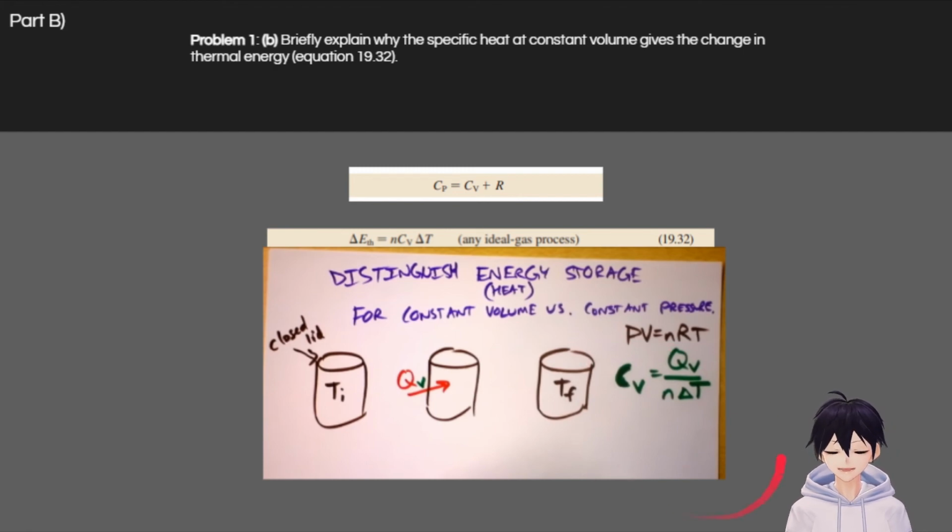That can be quantified into this equation right here, which is the specific heat at constant volume equal to the heat energy at constant volume over the number of moles multiplied by the change in temperature. When you move these variables around, we get this equation right here, which can be used for any ideal gas process. And that is how we can identify a change in thermal energy when there's constant volume for specific heat.